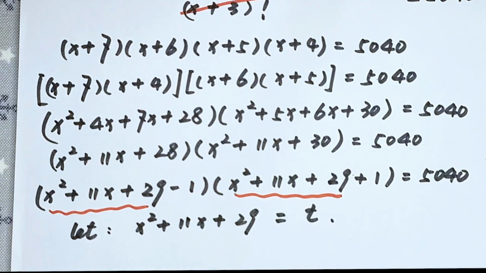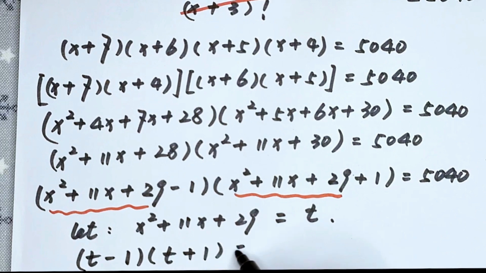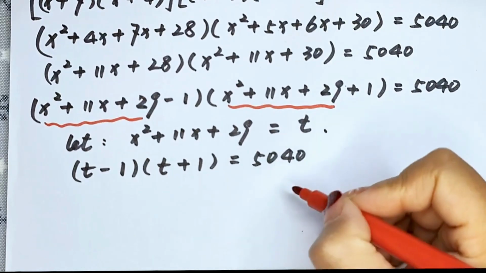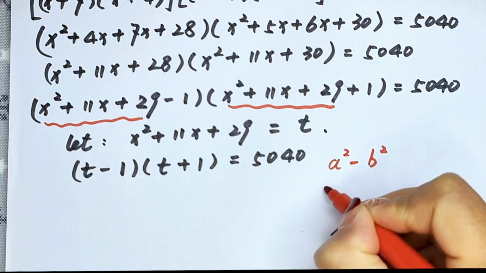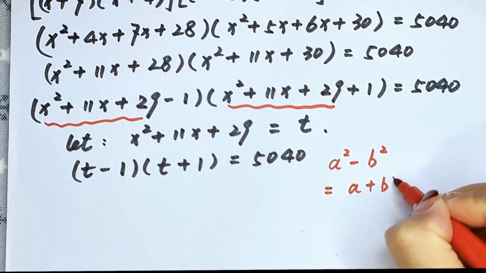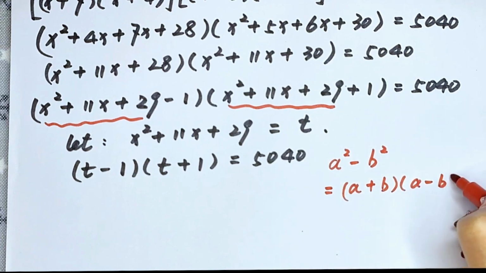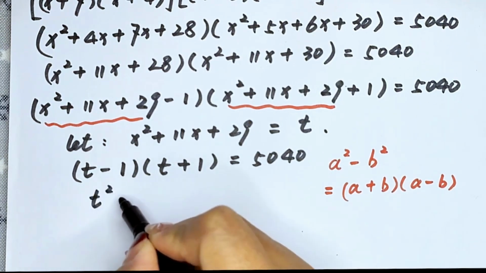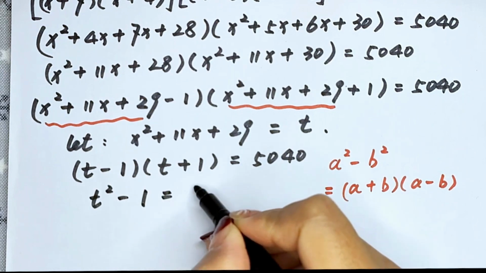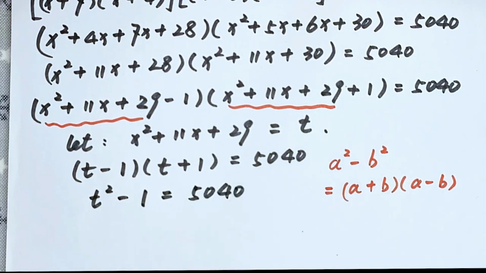So our equation can be written as (t minus 1) times (t plus 1) equals 5040. We know a squared minus b squared equals a plus b times a minus b, so we change into this form. So it is t squared minus 1 equals 5040.